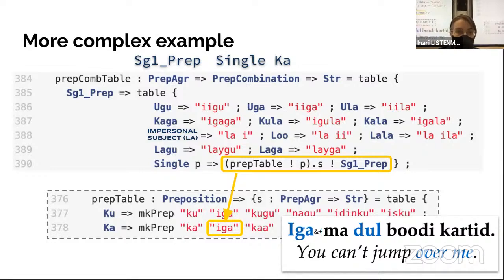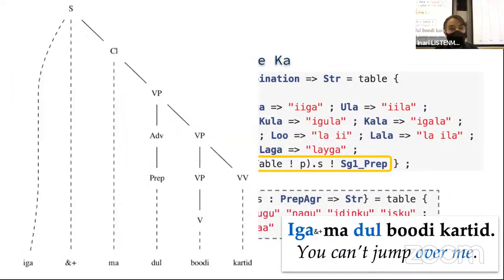And again, iga comes from the inflection table and ma with the bind token. So the GF parse tree would look like this. And you can see that the string iga is the last one to be chosen. Let me draw on the screen.